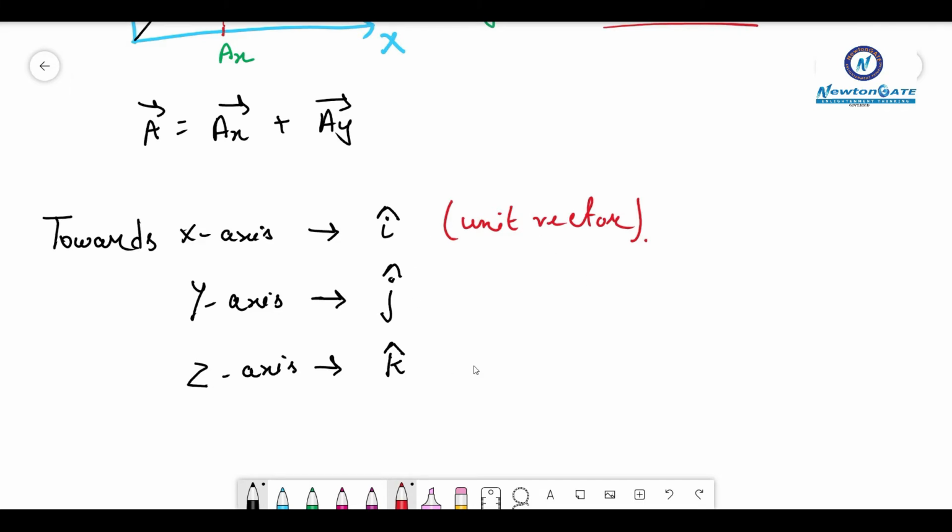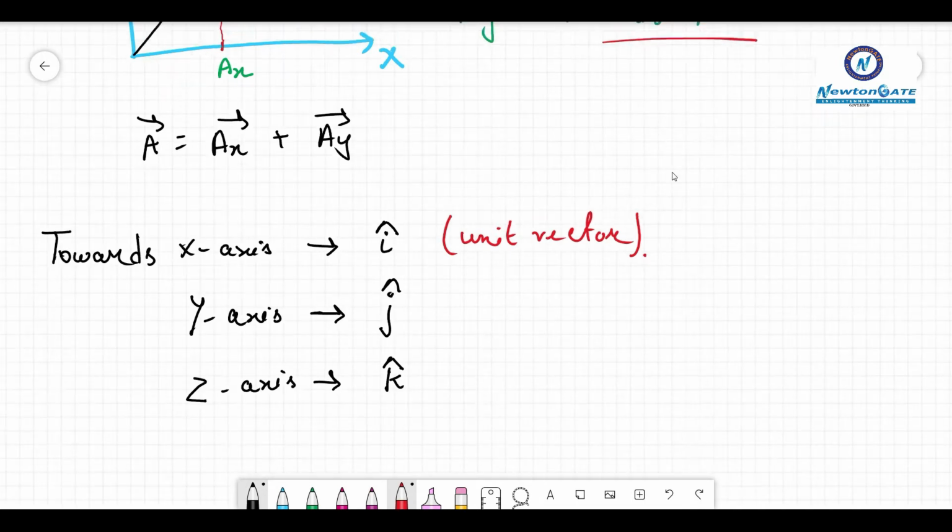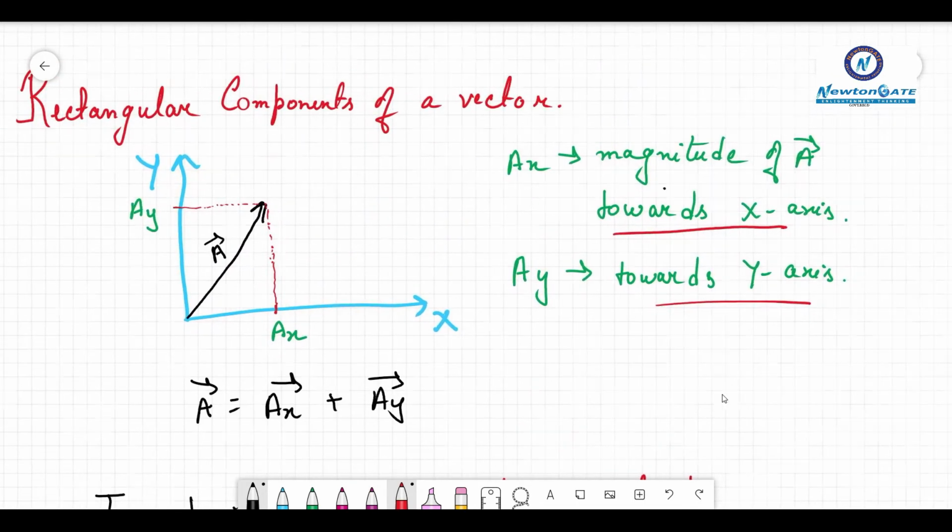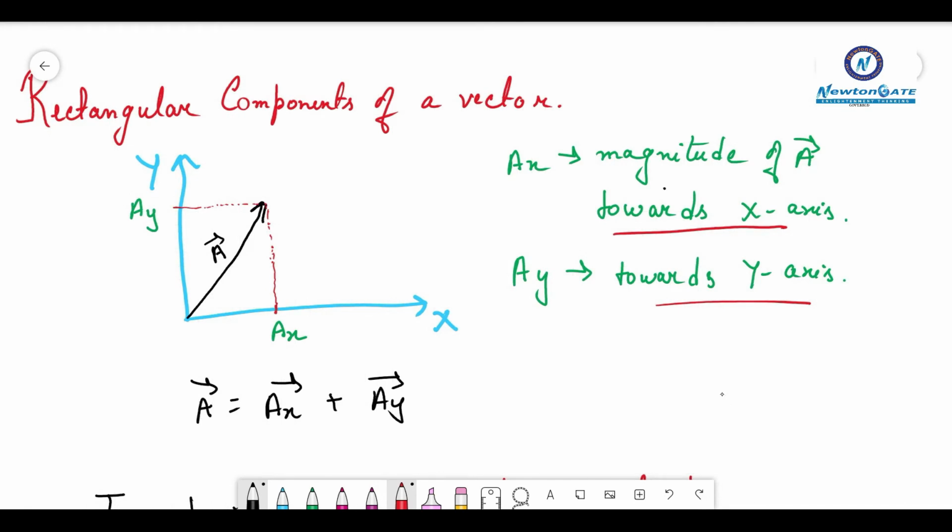Now i cap, j cap and k cap are the unit vectors giving us direction towards the x, y and z axis. Let's get back here. I can write a vector as a x vector plus a y vector. A vector can be written as magnitude into direction.